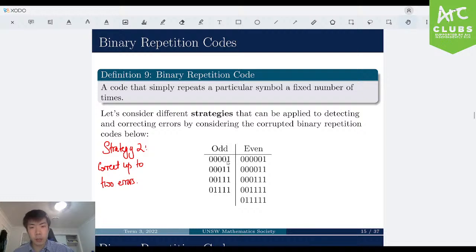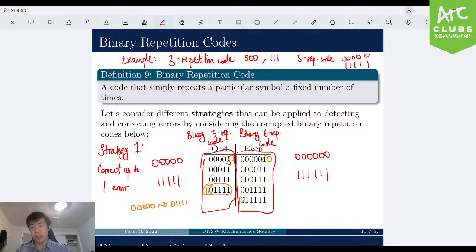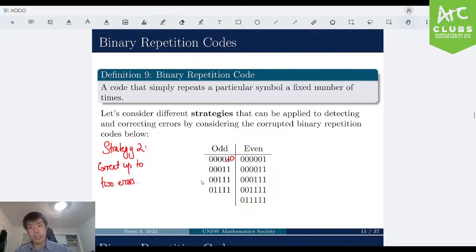We see 4 zeros and 1 odd one out, and so we believe that this 1 is not meant to be a 1; it's meant to be a 0. So we're happy to correct this, the same way that we were in our first strategy. Same thing here, we're happy to correct this to a 1. But on top of that, we're now also happy to correct these into zeros. And we're happy to correct these into 1s.